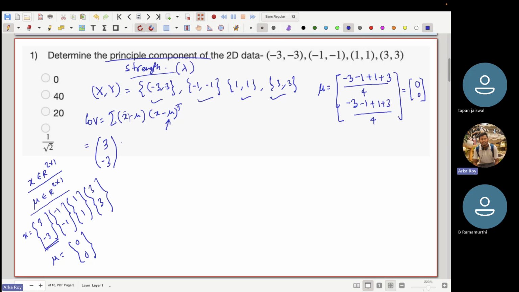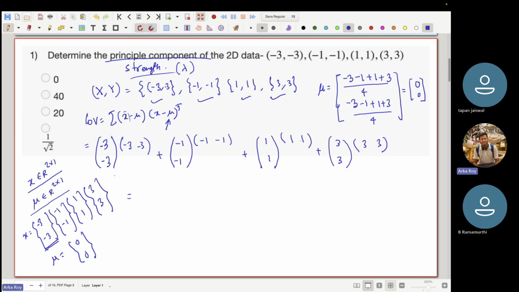Now we have to calculate the transpose, which is -3, -3. Then for the second data point it would be -1, -1, for the third case 1, 1, and in the last one 3, 3.